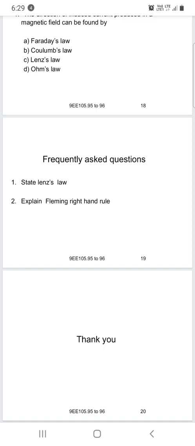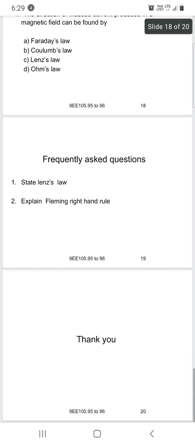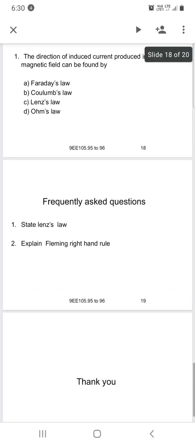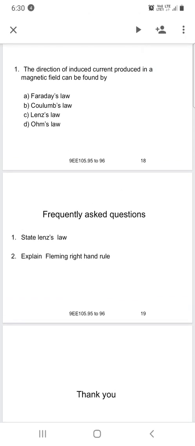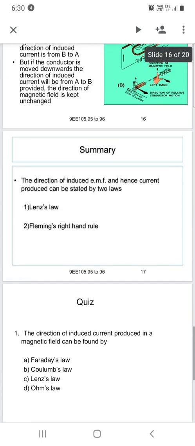What is the explanation of the right hand rule? What is the use of the right hand rule? You have to explain briefly with the figure also. So explain Fleming's right hand rule and Lenz's law.